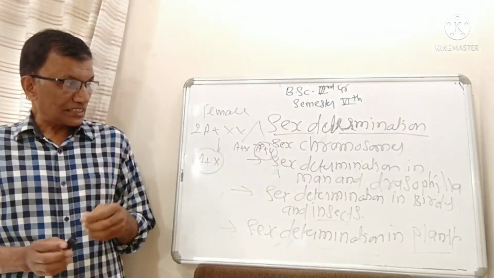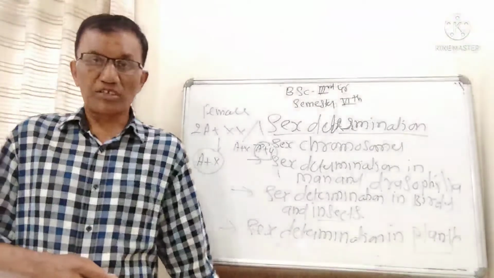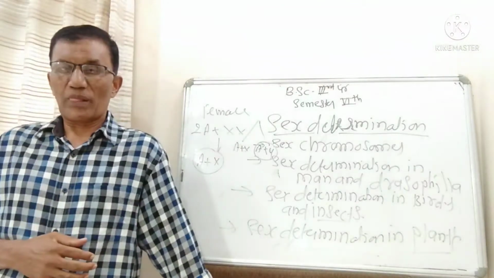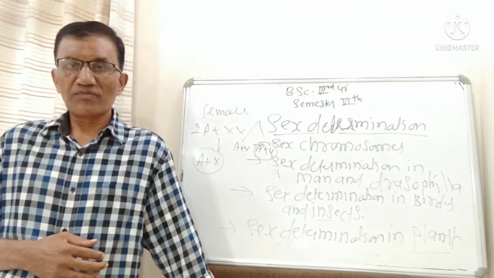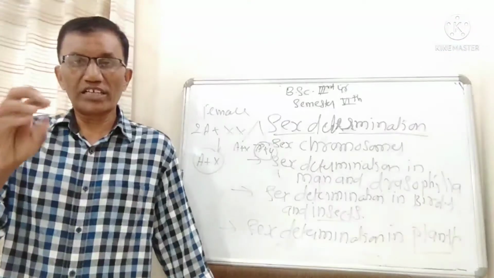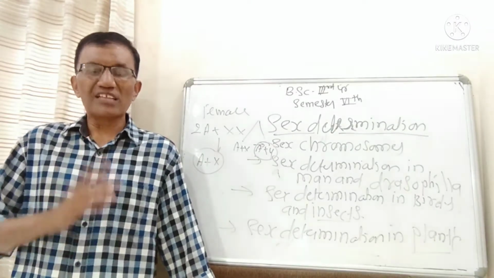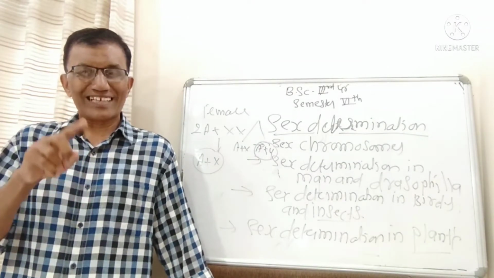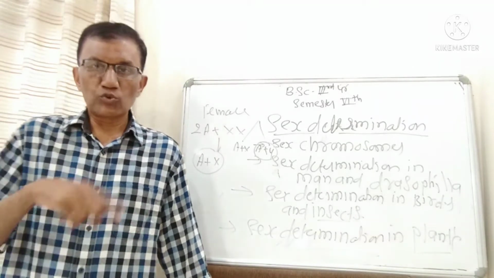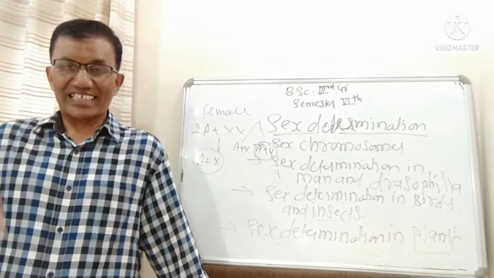Now, sex determination in birds and certain insects. In most birds and some insects, the females are heterogametic and the males are homogametic. This means in birds and certain insects there is no Y chromosome.